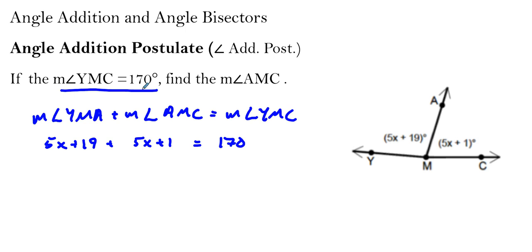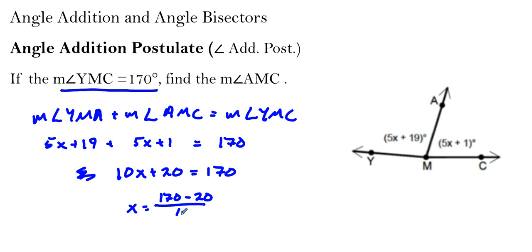We weren't going to get anywhere if we weren't given that measure. That simplifies to 10x plus 20 is equal to 170. And if we solve for x, which is 170 minus 20 divided by 10, that gives us 15.